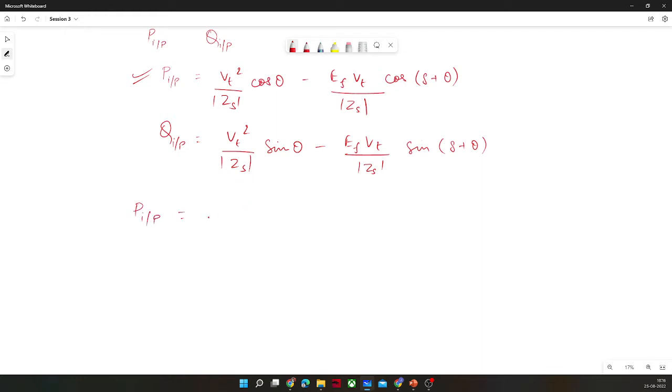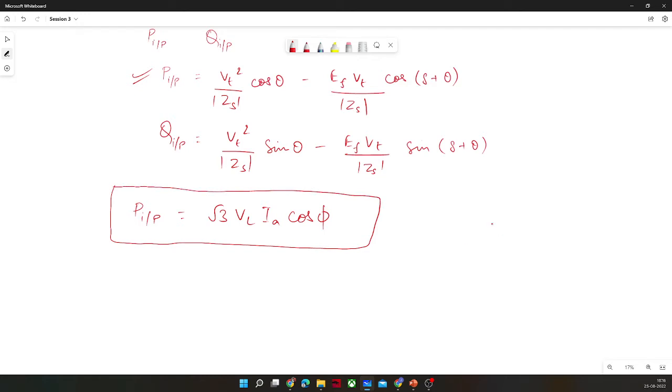P input is equal to root 3 VL IA cos phi. I can write it like that. Any input power to any circuit, you can write. This is another formula of input. This is one, this is another. So these two formulas you have to wisely choose, depending on where you can use them.